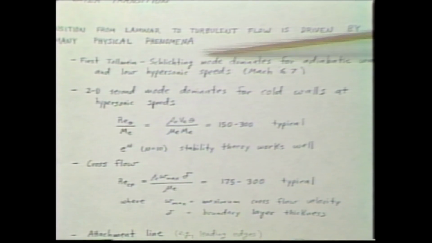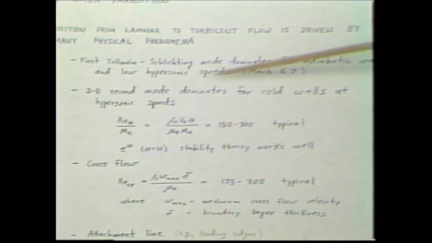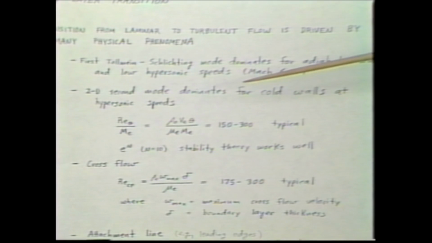The first mode, or Tollmien-Schlichting mode, is a dominant mode for transition at low Mach numbers, roughly less than 7. There's a second transition mode that becomes dominant for cold walls at higher Mach numbers. Our walls are typically going to be cold. They can't get too hot or they'll melt.